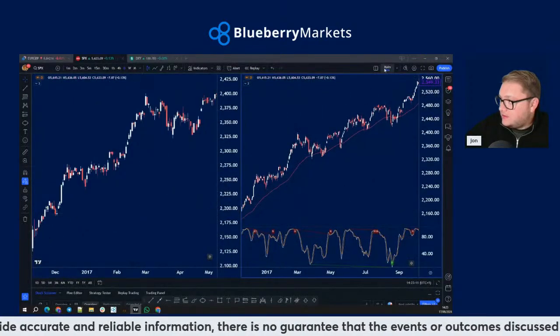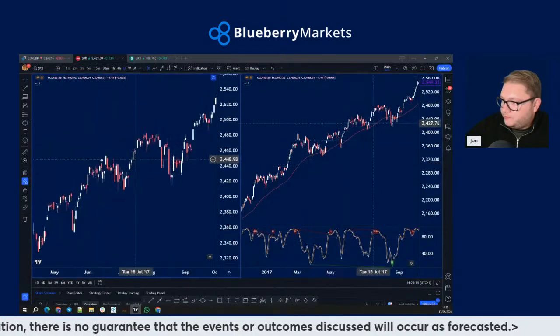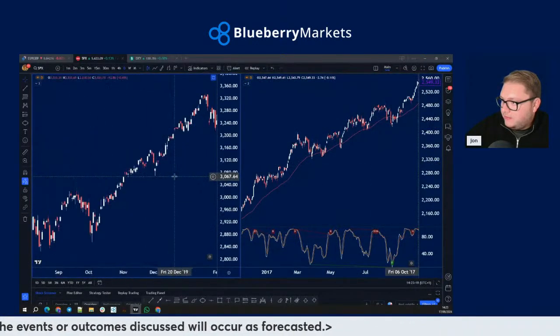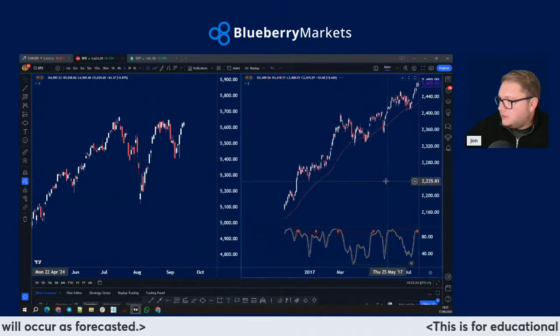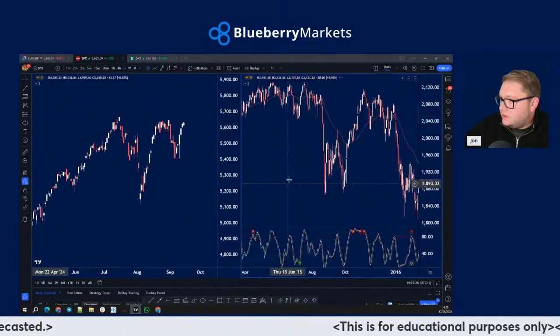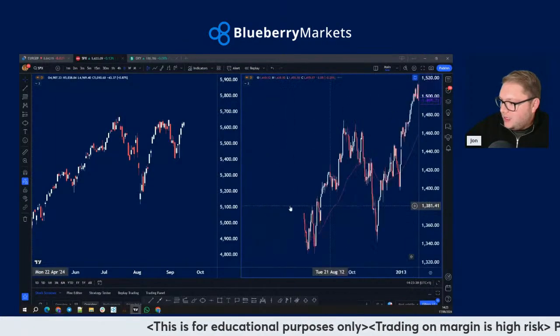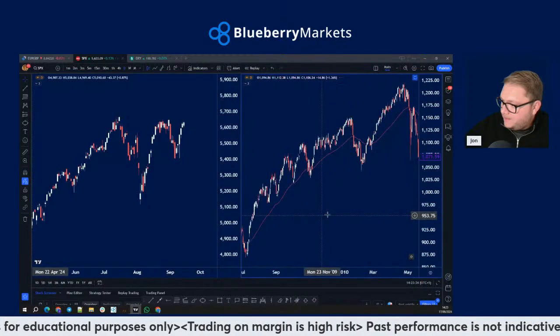I need to turn that time interval off, don't I? That would help. So let's leave the daily chart here on the left. I can just click that button. There we go, that helps a lot. And I'm going to go to 2007 over this side, because I just want to show you the similarities between the 2 years.